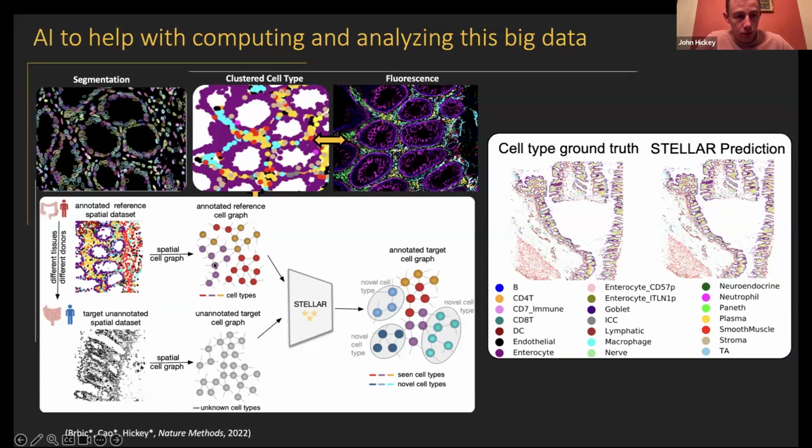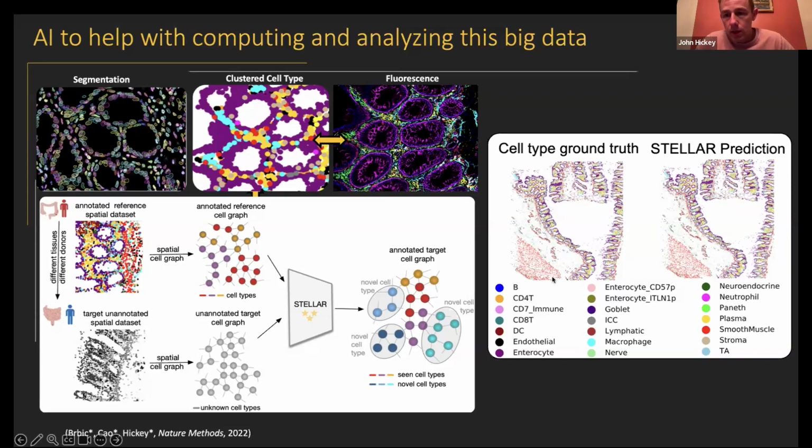And then, like Jure mentioned, we can develop AI algorithms also to help us identify and label the different cell types. For instance, these magenta cells in the mucosa, we know these are epithelial cells, or the cells that maintain the lining or barrier between our intestine, the outside world, and the inside world.